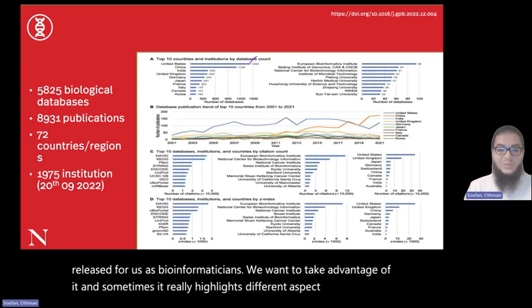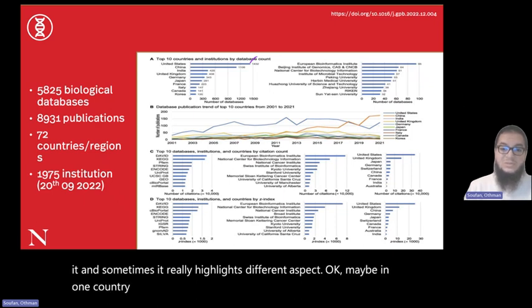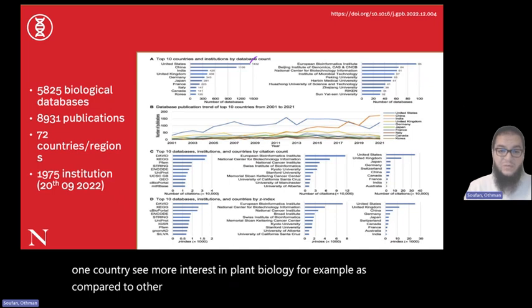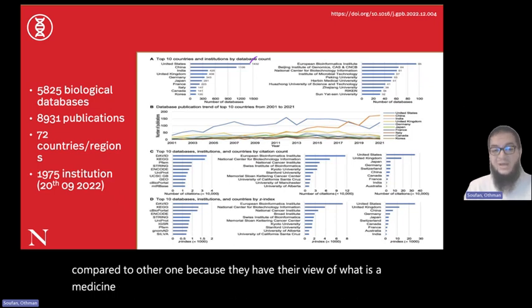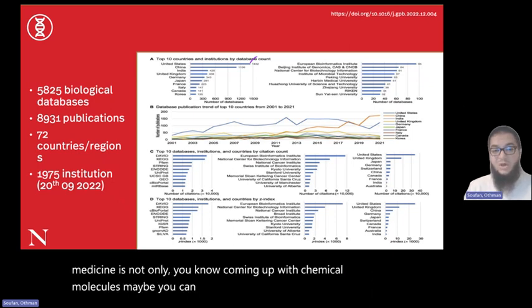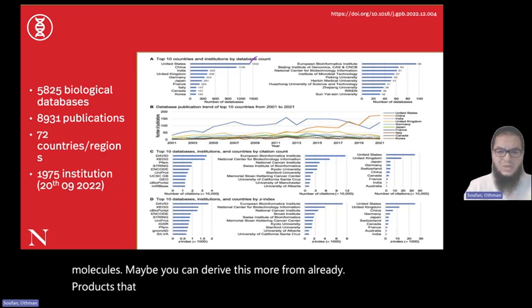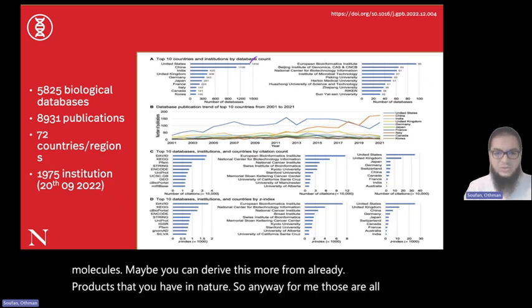Maybe one country shows more interest in plant biology, for example, as compared to another, because their view of what a medicine is is not only coming up with chemical molecules. Maybe you can derive more from products that we already have in nature. So anyway, for me, those are all interesting resources.